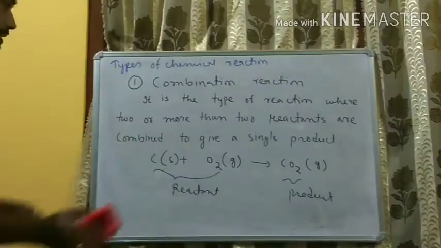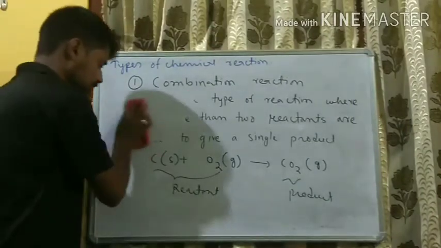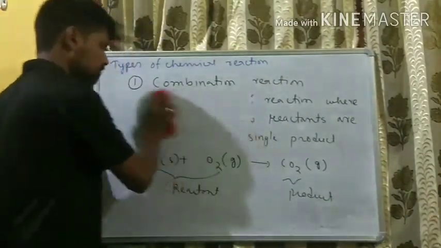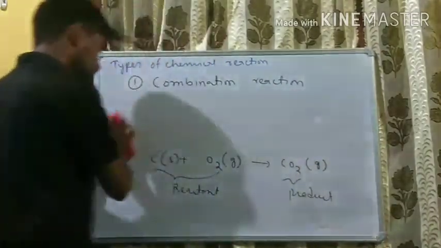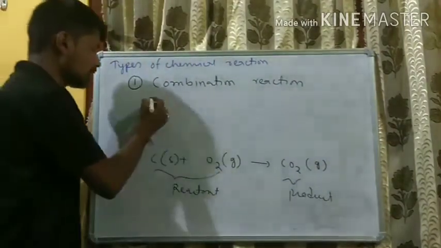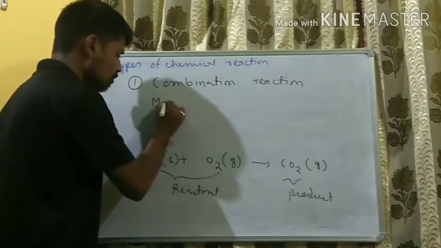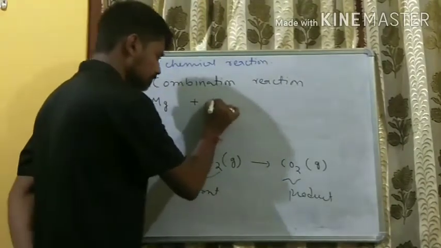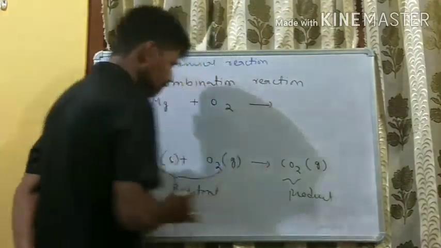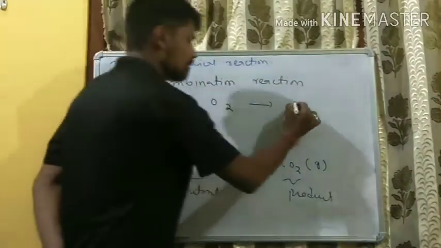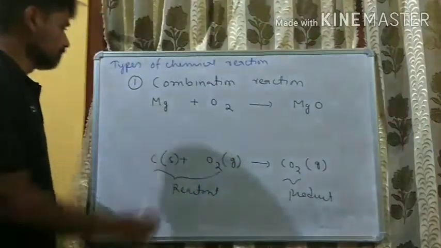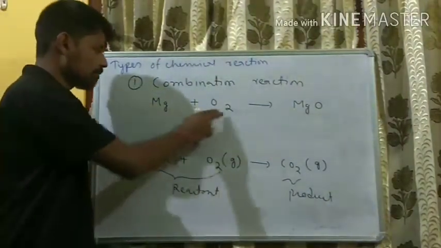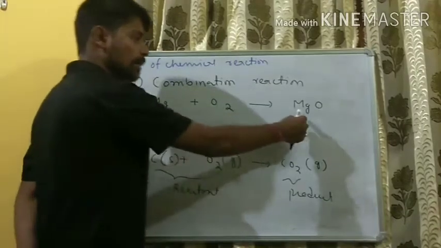Okay, let us take another example. This example is combustion of magnesium. In this reaction, magnesium combines with oxygen to give magnesium oxide. Here you can also see that the number of reactants is 2 and the number of product is 1.